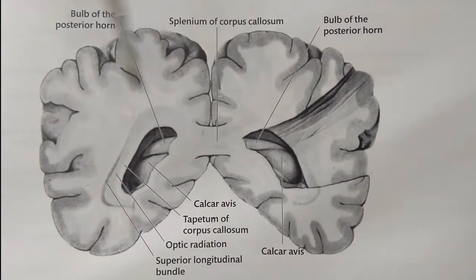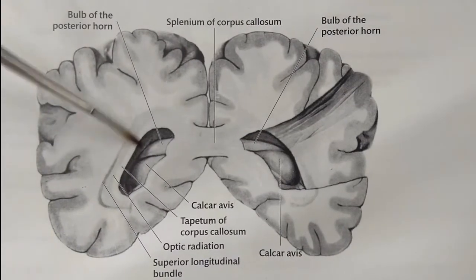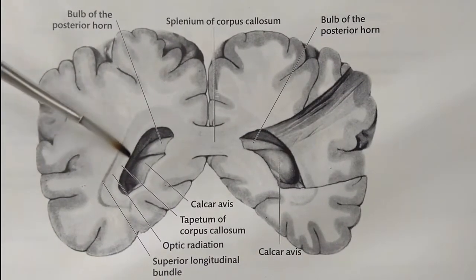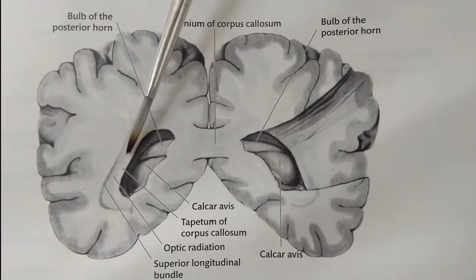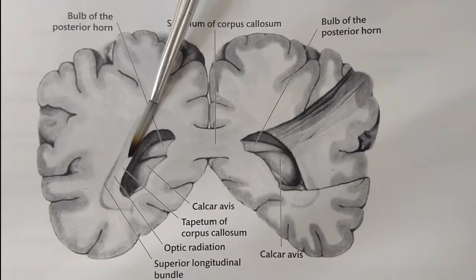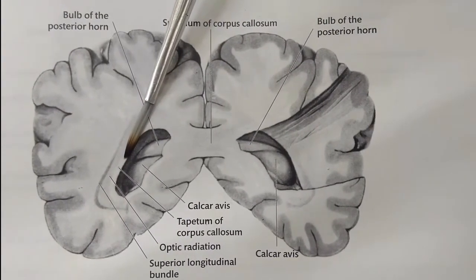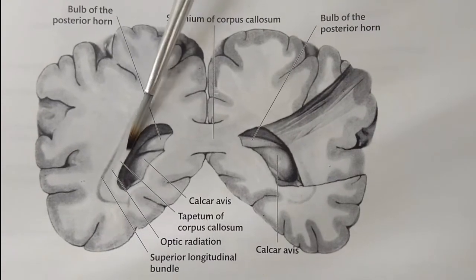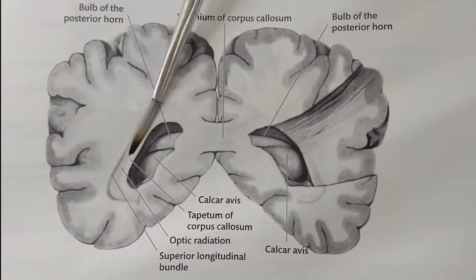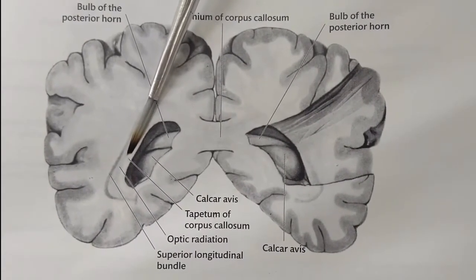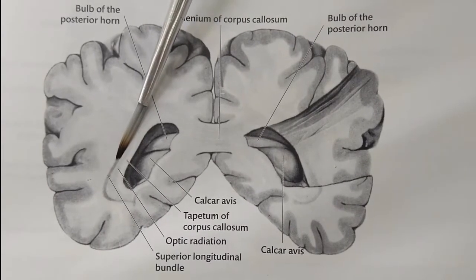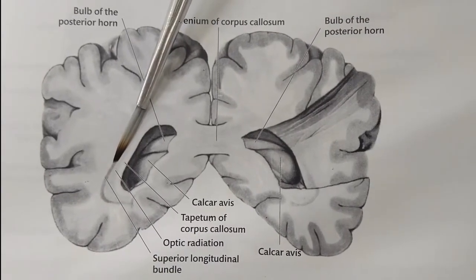In the lateral wall of the posterior horn you can see this is the tapetum, this white colored line, then optic radiation, and lateral to that the superior longitudinal bundle.